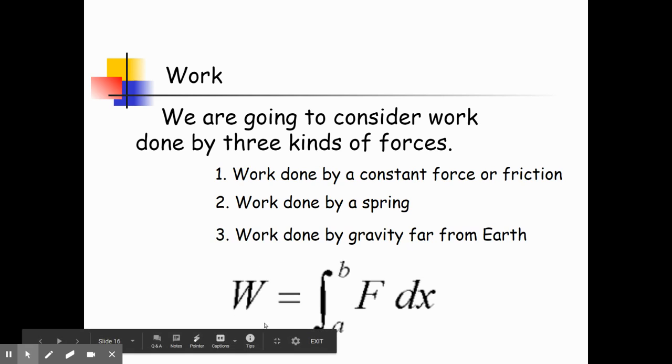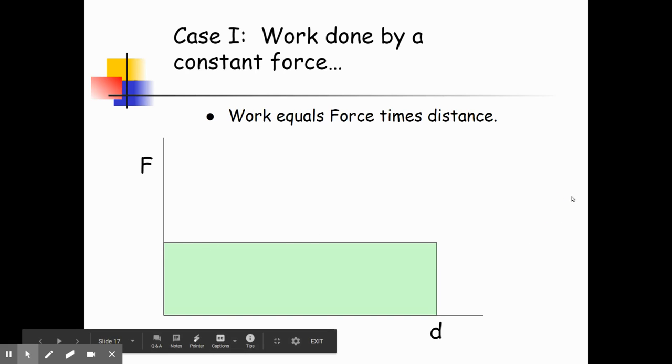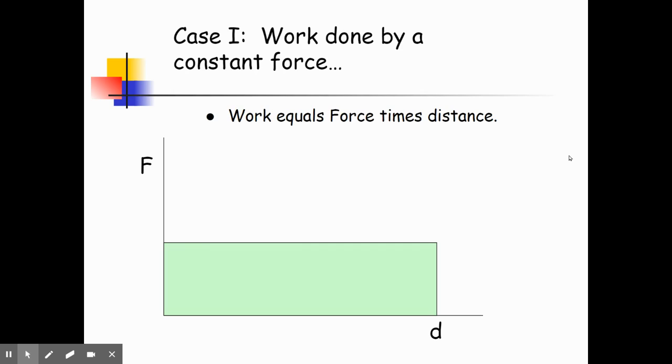This is the equation for work. If you take calculus, this is what it'll look like. The idea is that your amount of work done is going to be equal to, when you go from point A to point B, the force that you're exerting times how far you go. So if you have a constant force, the area underneath this graph is going to be how much work is done.